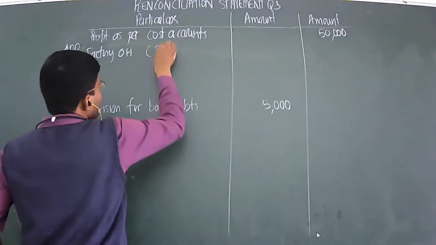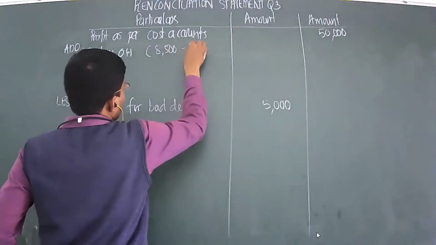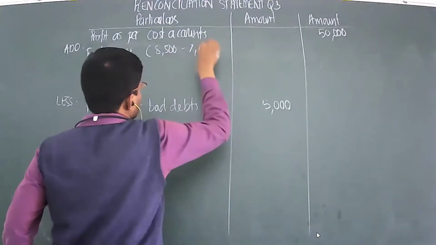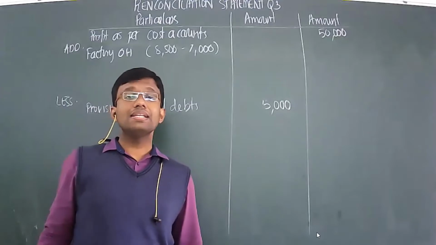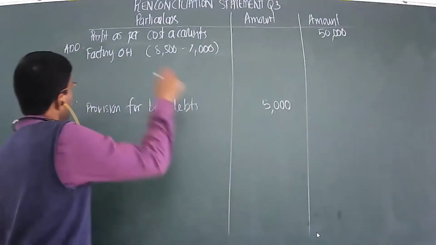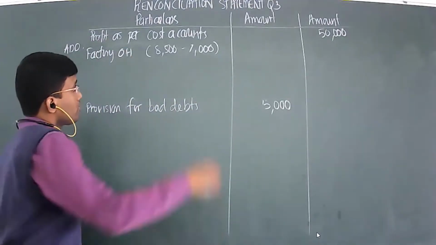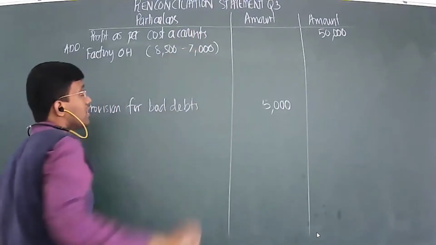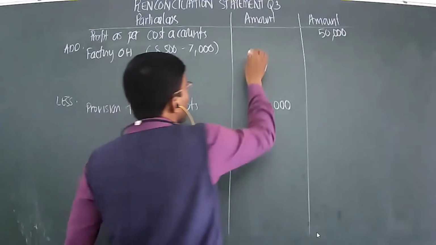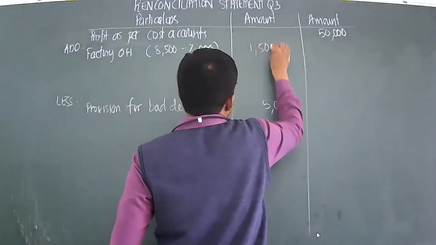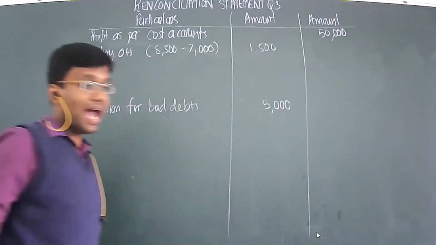So here this will be 8,500 minus 7,000. So what this means over here is that overhead is over-absorbed. Factory overhead is over-absorbed, and what we are doing over here is we are taking the difference between the two amounts, and the difference between the two amounts is 1,500. So this has to be added.